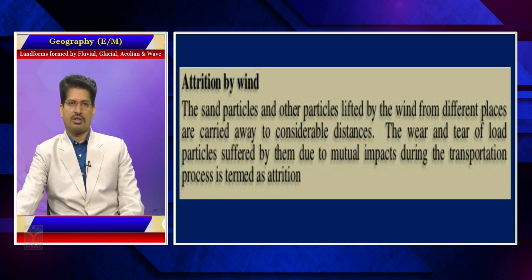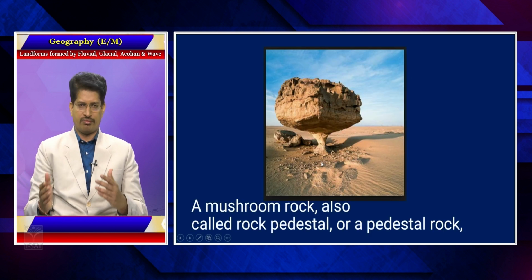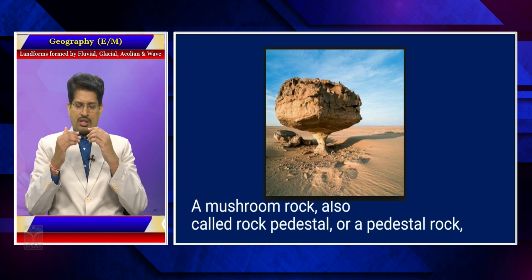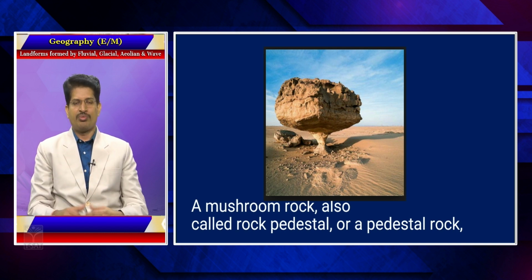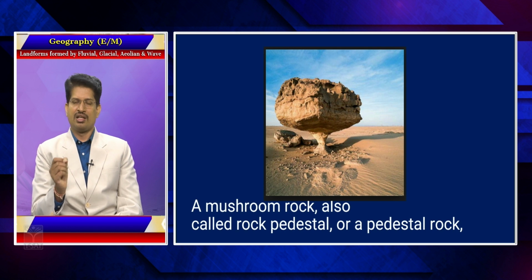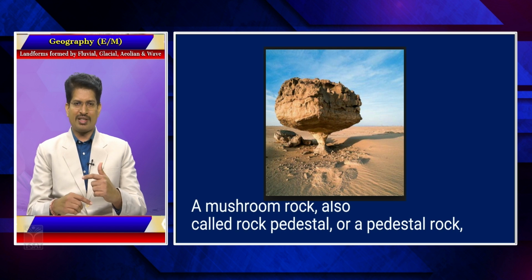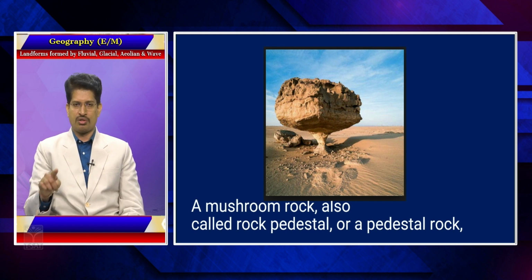abrasion, attrition. So, what happens is, in the wind which is flowing, sometimes particles of sand can be carried away, suspended in the air. If the sand particle is large enough that it cannot be carried into the air, it somersaults, known as saltation.